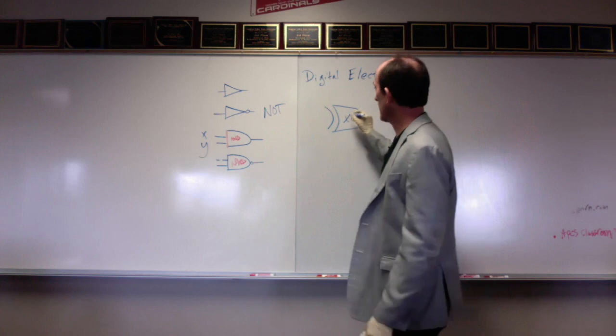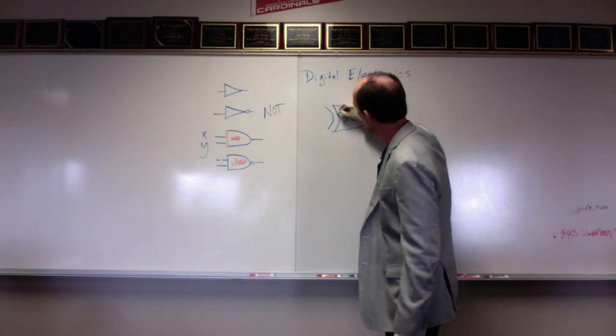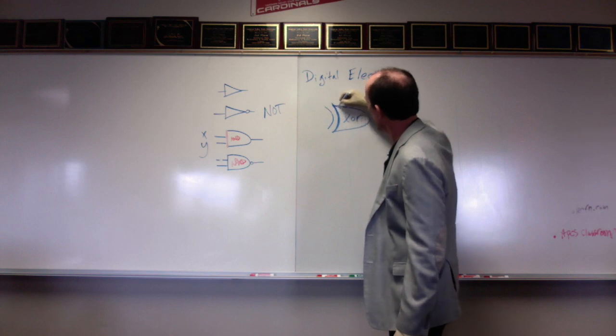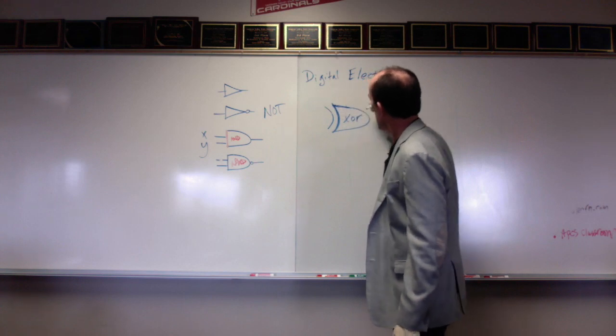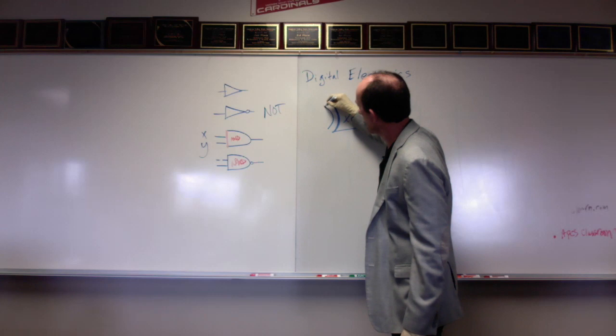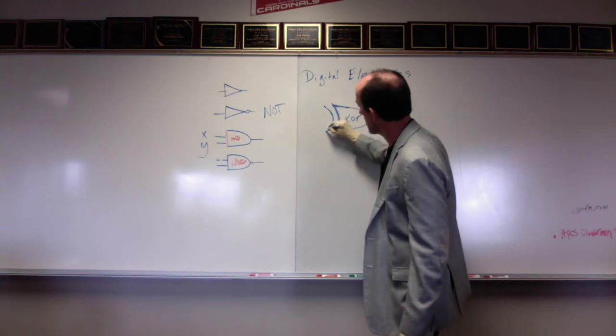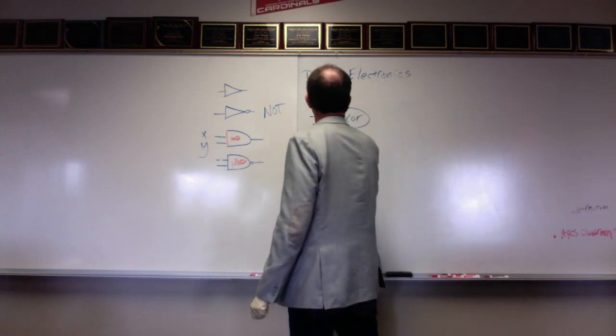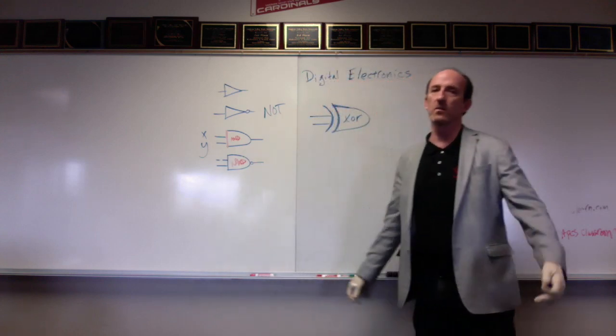It has that curvy opening, just like the OR does, not flat like the AND, but it has an extra tail, and that's how we're going to remember XOR. It has the extra curve at the beginning. Like I said, I know that's cheesy, but it works.